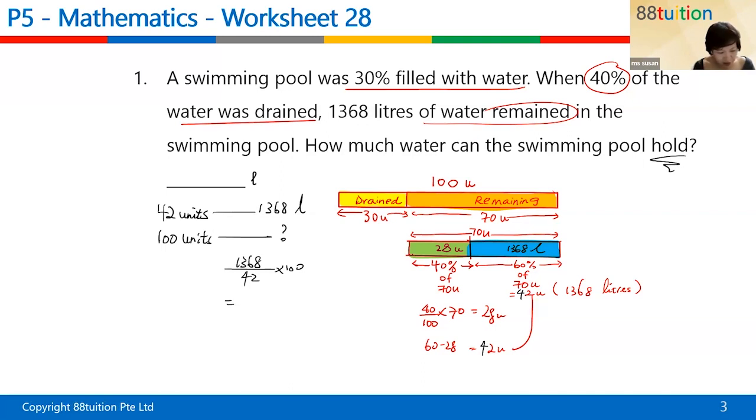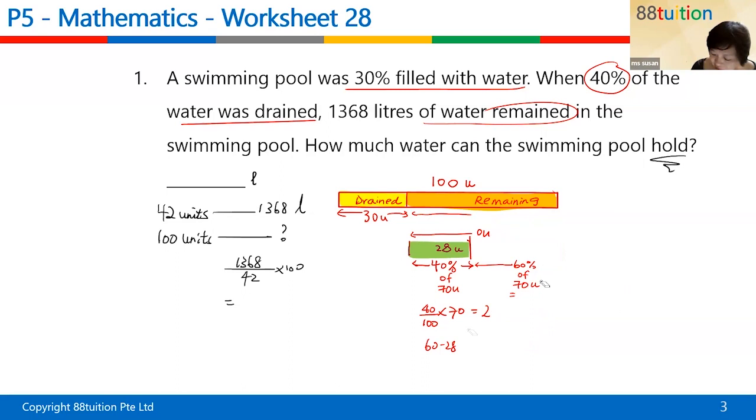60 minus 28, 32. Oh, it's filled with water. This one is the empty one. How come you never alert me?